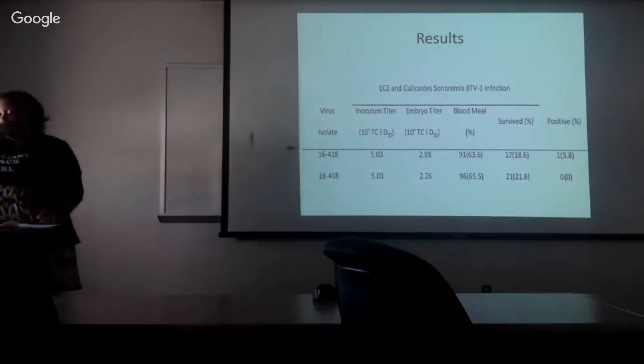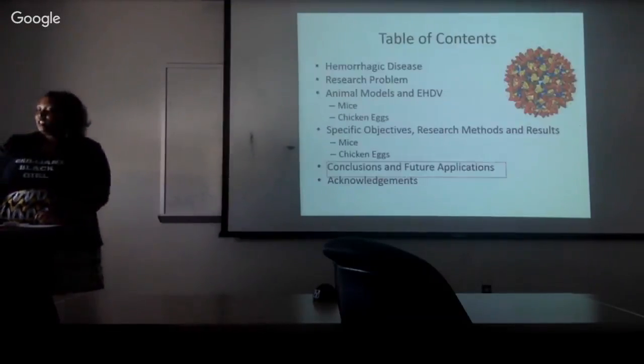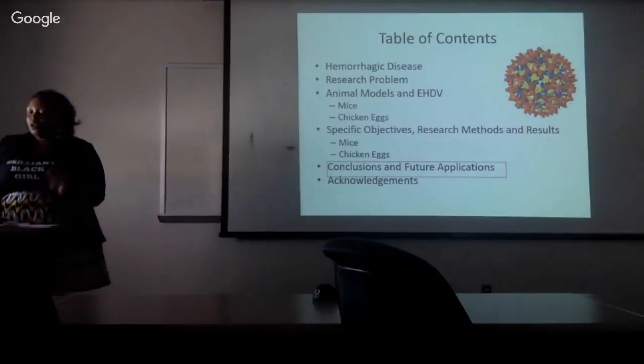This is very preliminary data, but I think it leads us in the right direction that we might be able to soon start using this model also for BTV3 and other exotic orbiviruses that we find in the U.S. in order to figure out which midge species are contributing to outbreaks. And so we can go over conclusions and future applications.